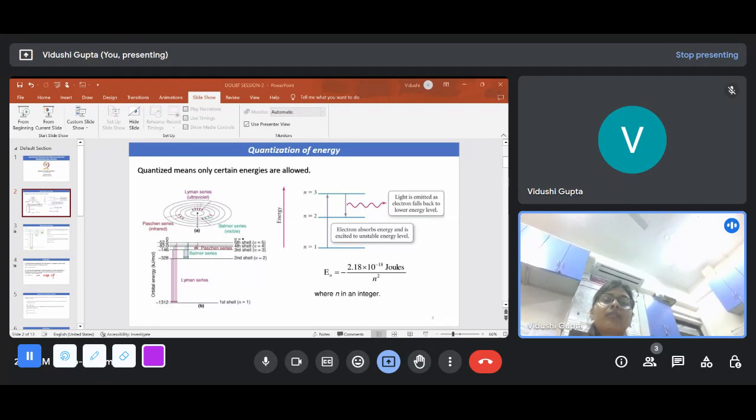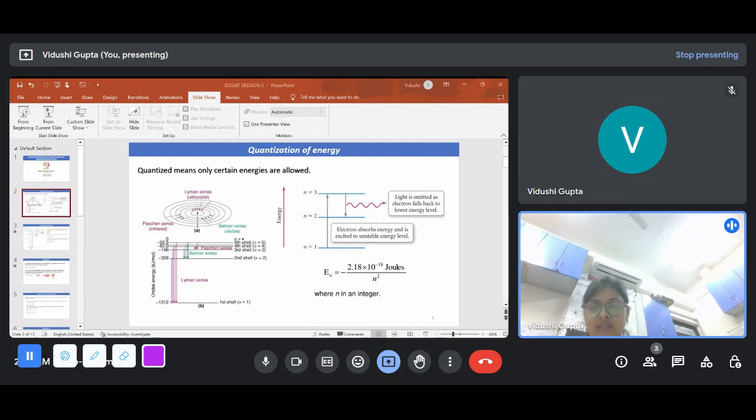Then what is the formula for calculating the number of spectral lines? I've discussed earlier, but there's also one formula. It's n2 minus n1 multiplied by n2 minus n1 plus 1, divided by 2. Here it's asked from n equals 5 to n equals 1.